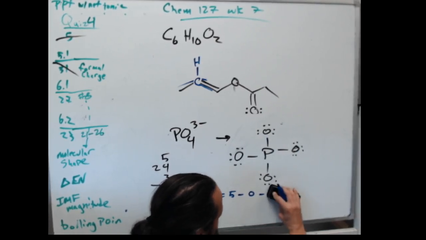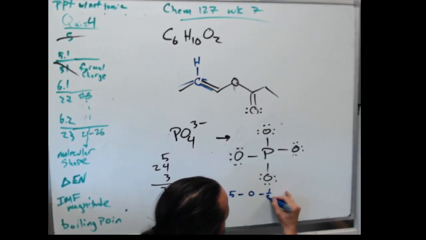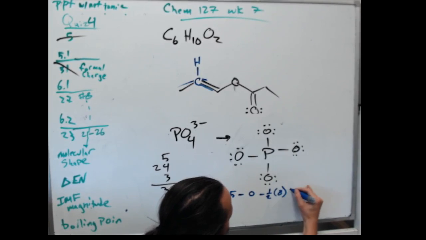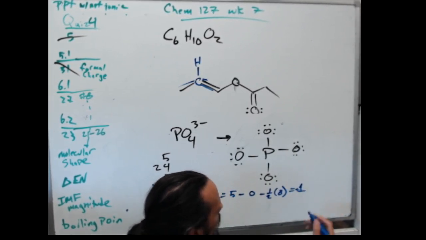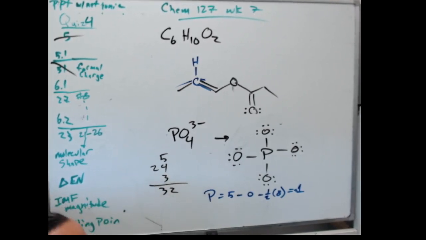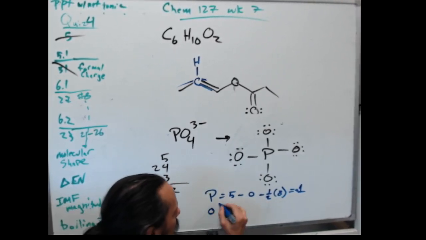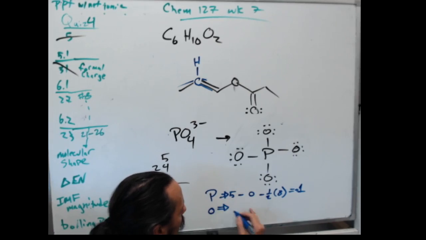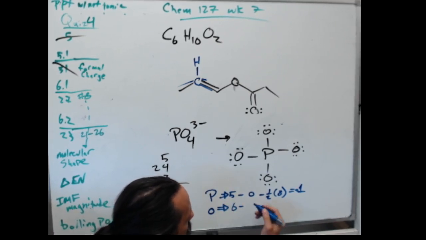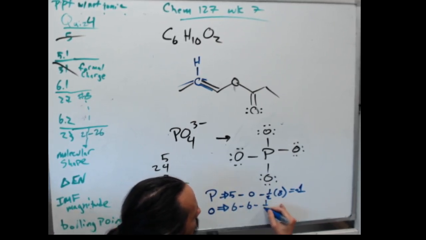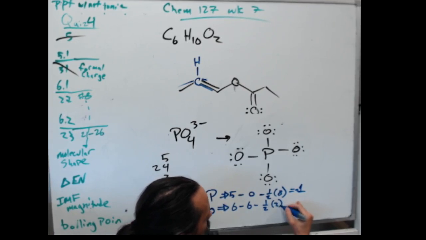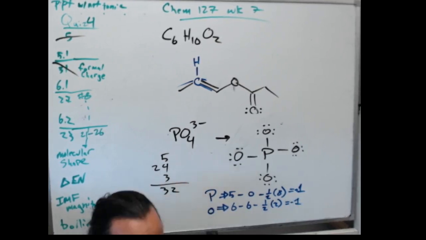Sorry, I forgot my half there. Right, that gives me a +1 formal charge for phosphorus. My oxygens in this situation, all of my oxygens are 6 minus 6 minus a half of 2. All of my oxygens are -1s.